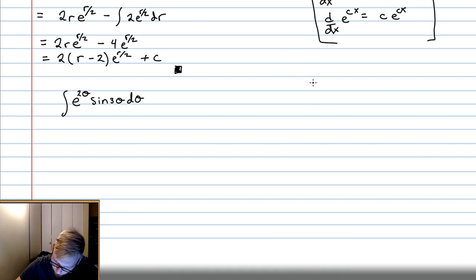So we've got the integral of u dv is equal to uv minus the integral of v du. What do we set as u and dv? What do you guys think? What should we set u equal to, and what do you think we should set dv to?